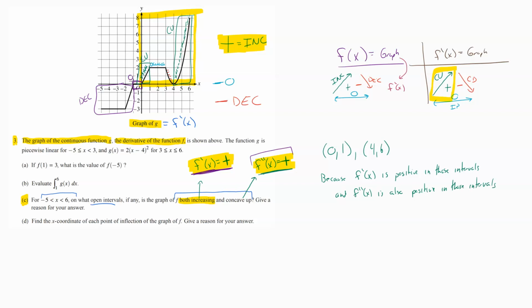And there you go. You get 1 point for getting the intervals correct, and 1 point for giving some reason. You could also draw in pictures like this. Maybe I would even write down something like that to support all of your work.